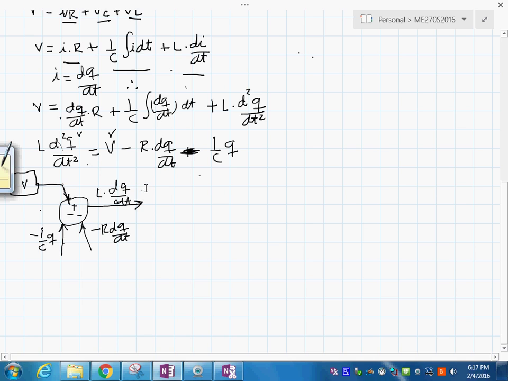So in here, first we divide by L, then you have this dq dt. Is the dq dt a second order? No, it's just, oh, the one at the top is this one.